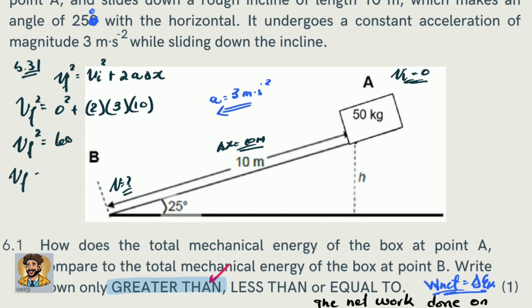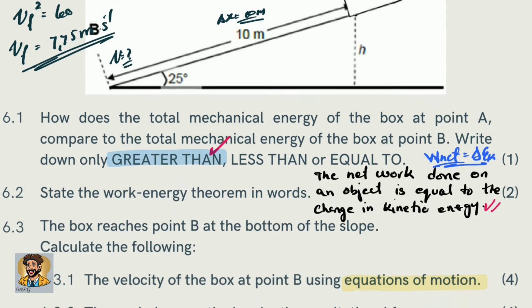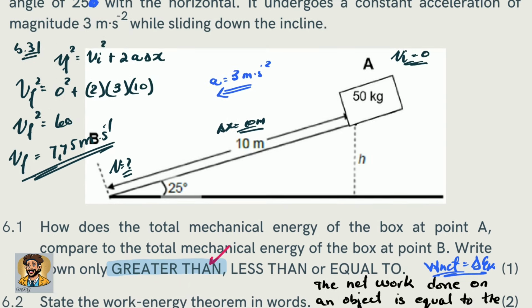Then the final speed is equal to 7.75 meters per second. That is the final answer. The question asks to calculate the velocity, which has a direction, so you're supposed to say down the slope.